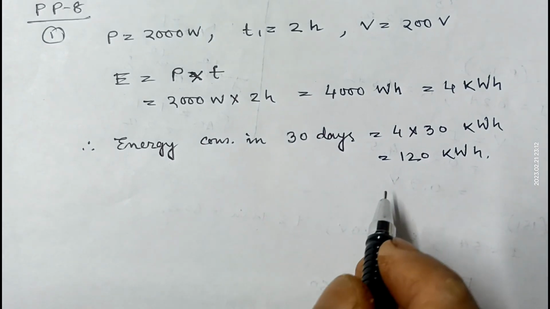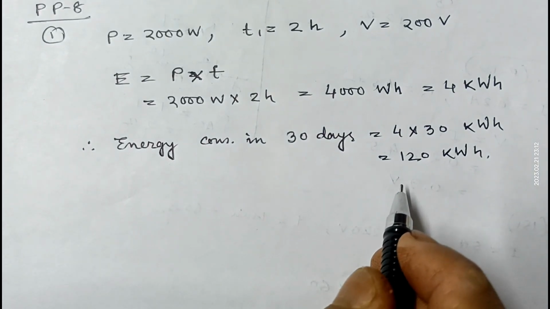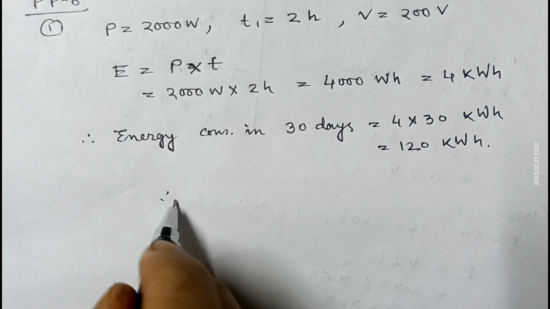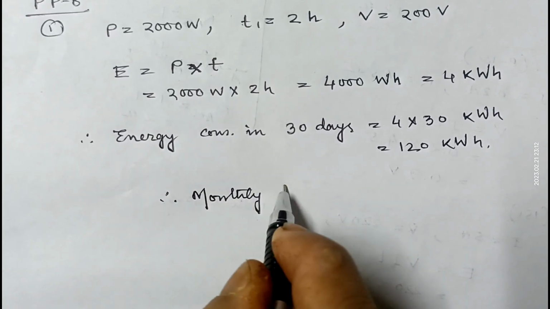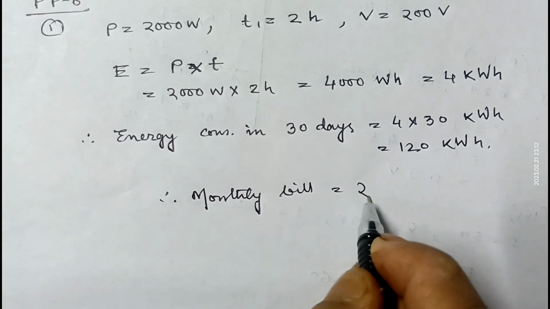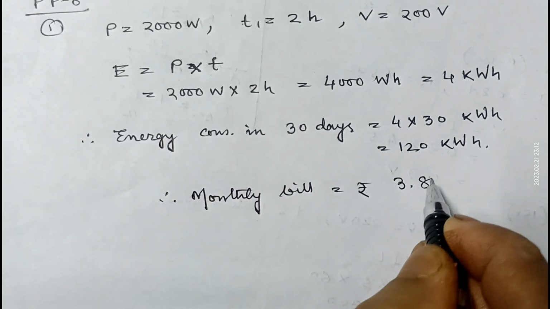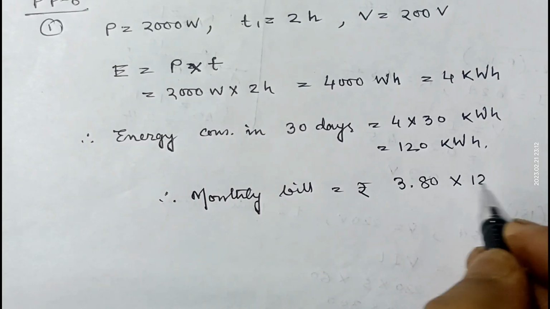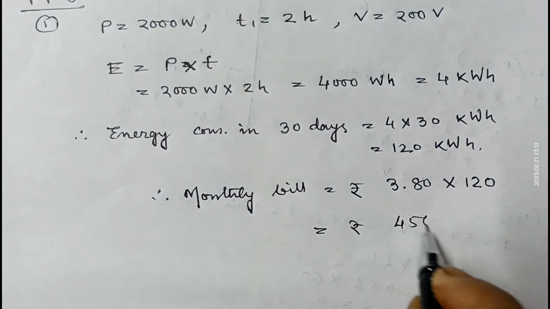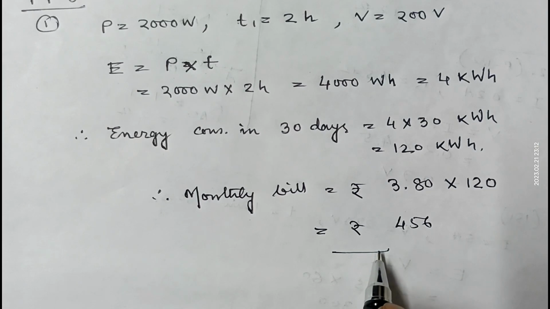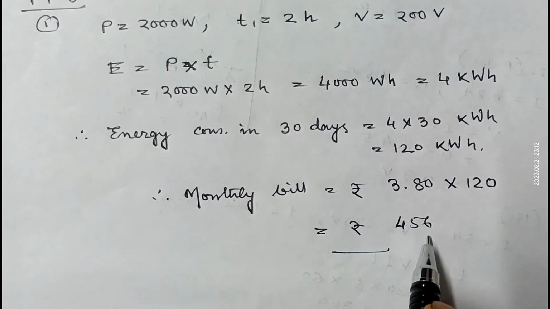Now it is given that for each kilowatt hour we have to pay rupees 3.80. Therefore the monthly bill will be rupees 3.80 into 120. If I multiply, it will be rupees 456. Therefore the monthly bill will be rupees 456.